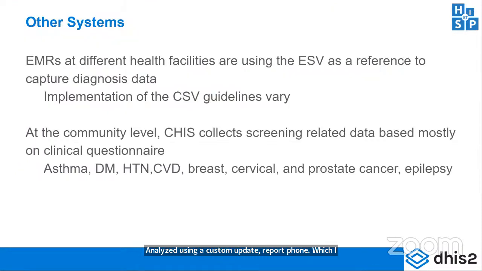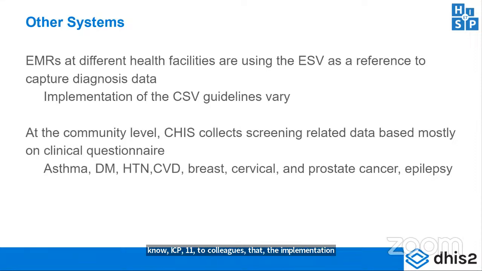So when it comes to other systems beyond DHIS2, there are AMRs at different health facilities, both private and public. They are starting to use the Ethiopian simplified version of ICD-11 to collect diagnosis and treatment data. But the implementation of these guidelines varies among hospitals.